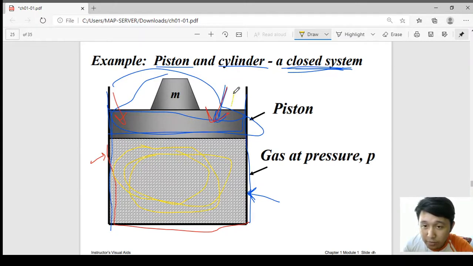Because if the piston moves up and down to here, the gas cannot escape nor can any gas enter. But work or heat energy can still be generated because of this piston. So when the piston works, we have the energy generated in the form of work.